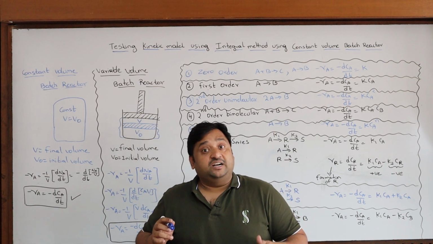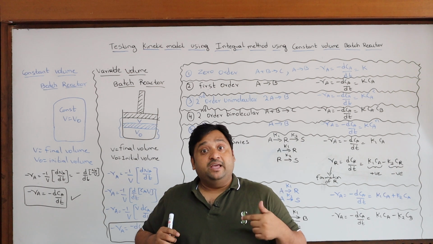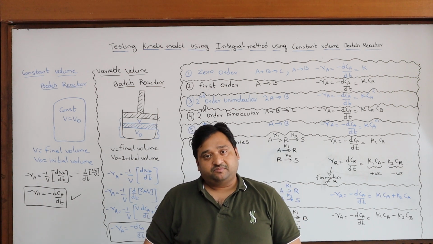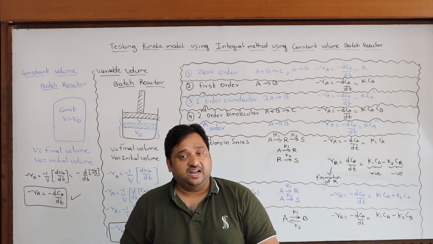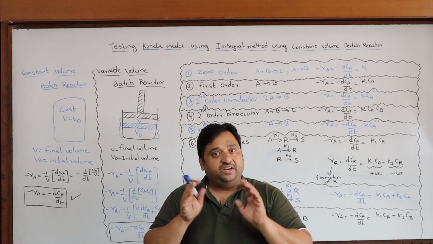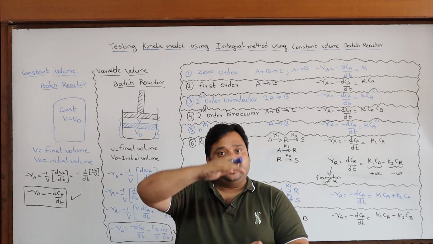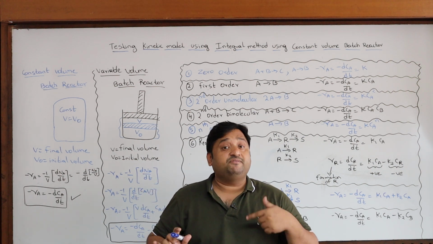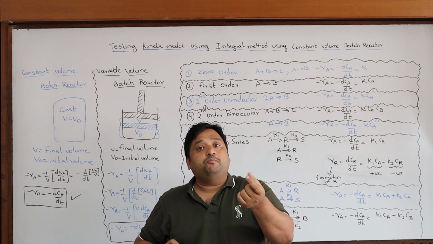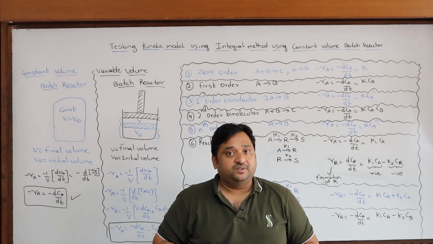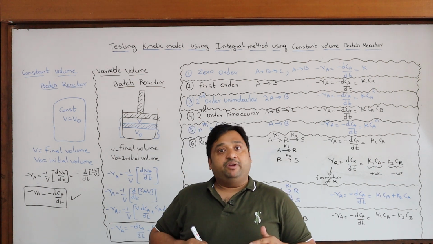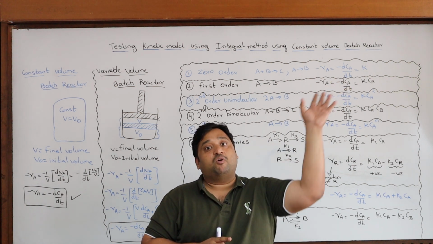There is an advantage in measuring the speed in a constant volume batch reactor, because the name itself suggests that the reactor is rigid, so because of the reaction, the volume of the reactor will not change. If the volume will not change, it is easy for us to measure the speed of a reaction.